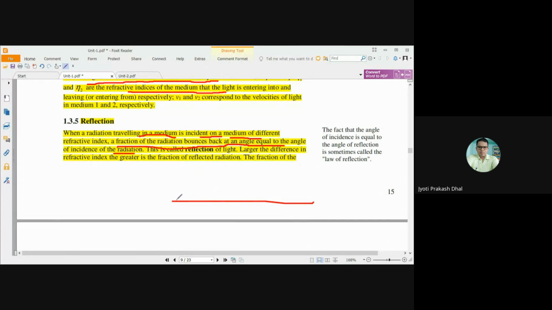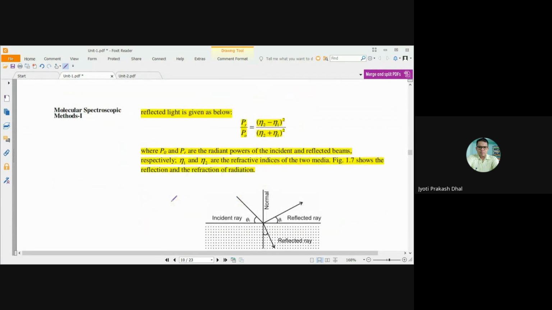Suppose this is the boundary, so this is medium 1 and this is medium 2, and here this is the angle of incidence of the electromagnetic radiation from medium 1 to medium 2. All the electromagnetic radiation passing through medium 1 will not pass through medium 2. A fraction of the electromagnetic radiation, suppose this angle is theta, will rebound back with the same angle of incidence. This will be theta. This phenomenon is called reflection.